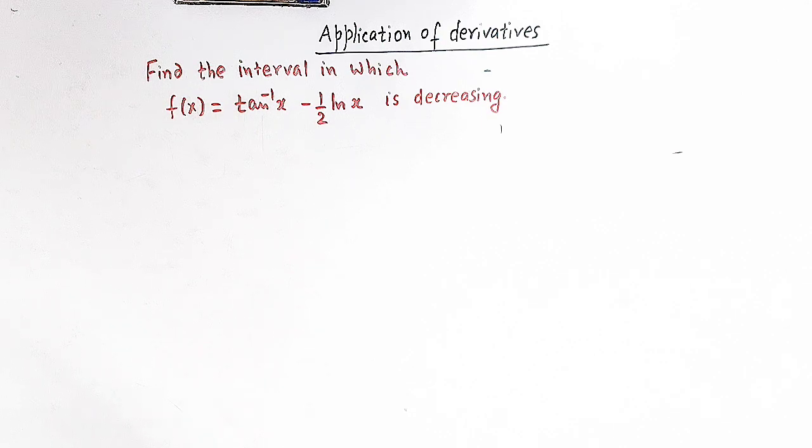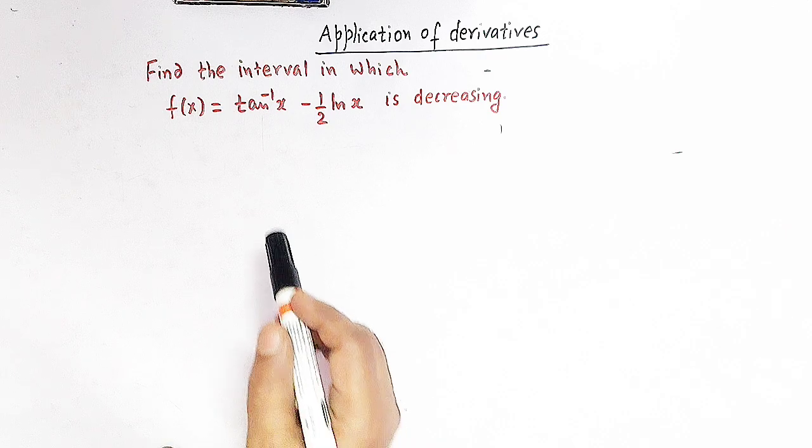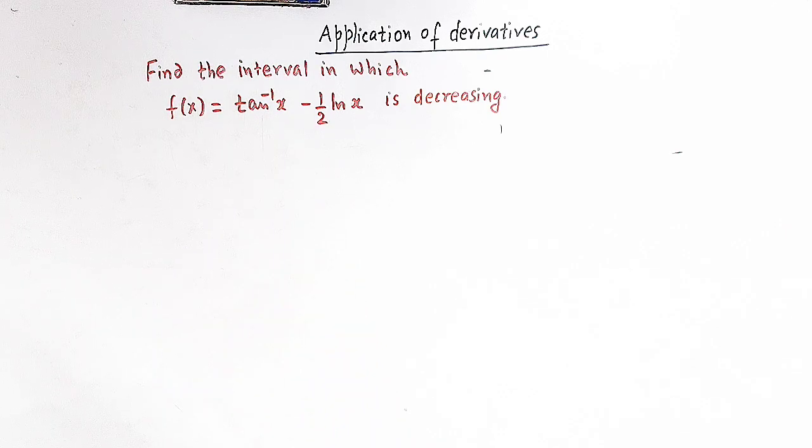So we have to find out all the values of x for which this function is decreasing. So here we'll take help of the concept of derivative, and we'll find out the interval where this function is decreasing. So let us start.